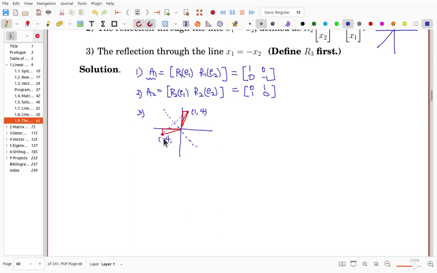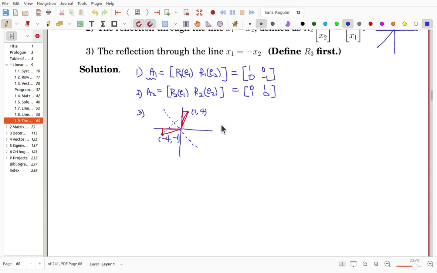So we found already the x component is minus 4. If this is 4, that must be minus 4. Now, if this is 1, that must be minus 1. Okay. So this action is done in two steps: first, change the position and then put negations.